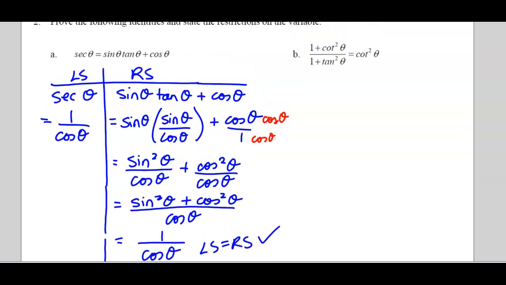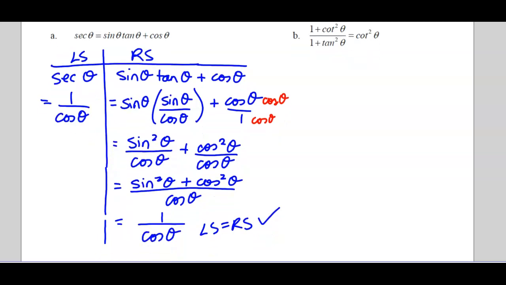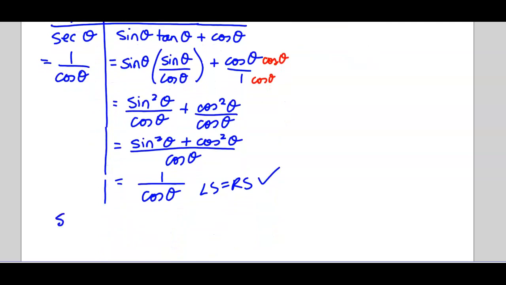Now our restrictions. So notice there aren't any denominators here. Okay. So then yes, you can look in this, but I'm going to do what I normally do. Totally up to you. I look here and go, okay, secant and tan. I know they can't be undefined. So secant theta cannot be undefined. Tan theta cannot be undefined.